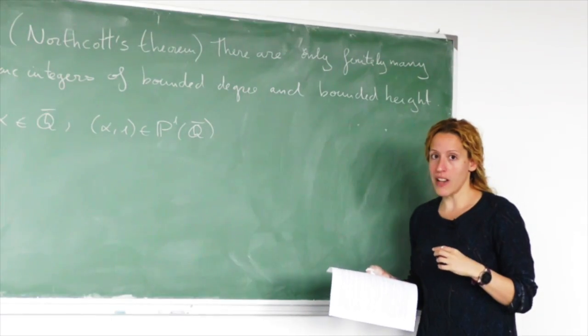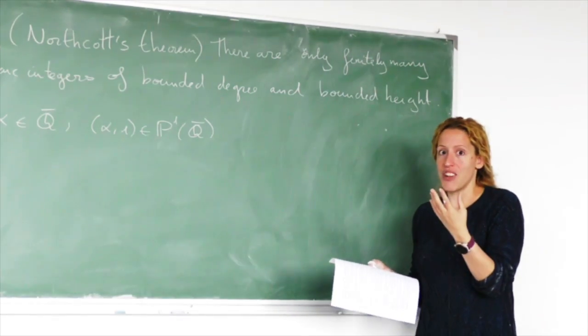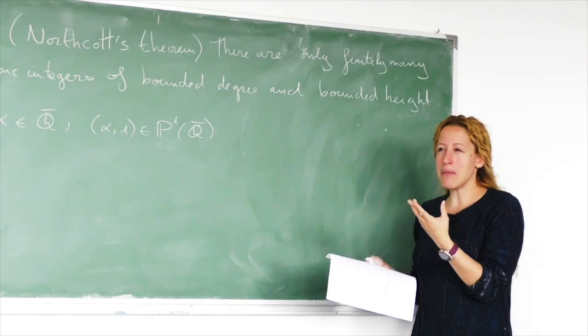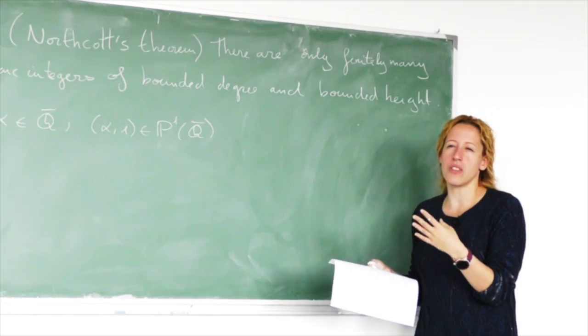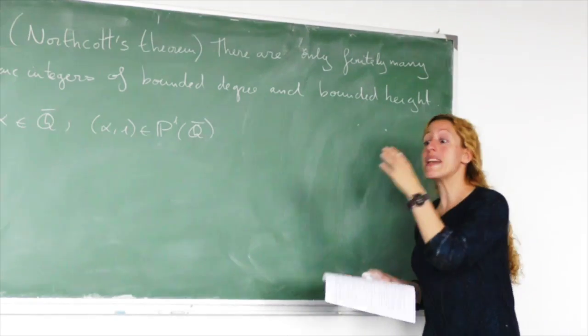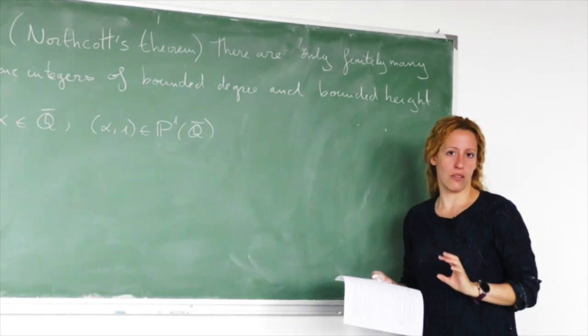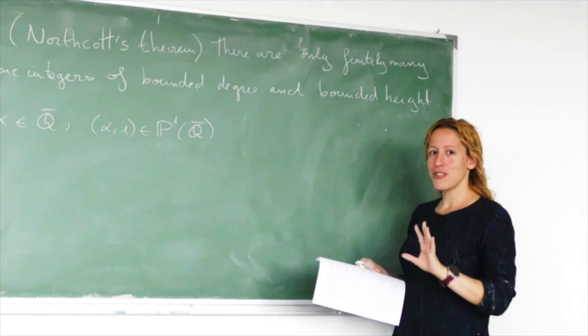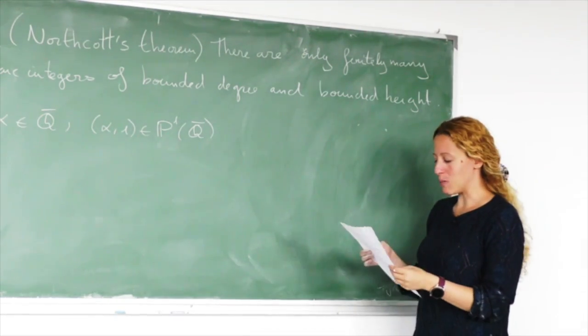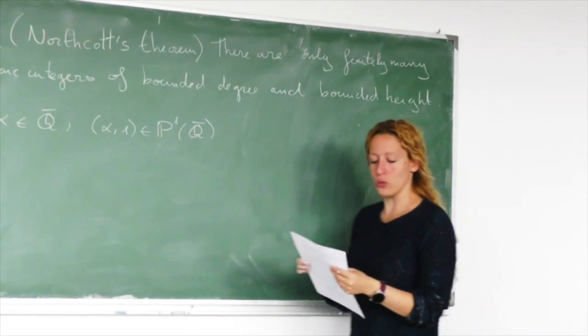If I want to define the height of a point in a variety, I have to see this variety inside a projective space. But maybe I can see this variety inside a projective space in different ways. So somehow I will need to relate these different heights depending on those embeddings. We'll see this with more details in 2 lectures. But before doing that, I'm going to need the following.